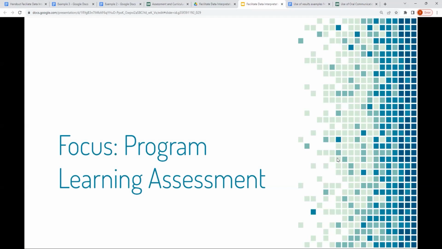Again, I want to talk about the focus of today's session, because some of the participants here are here to learn about how to do course assessment, how to use course assessment to improve pedagogy. That is very, very important.